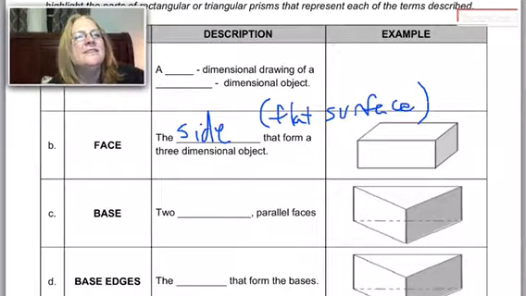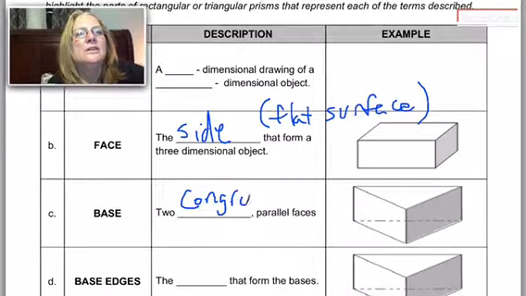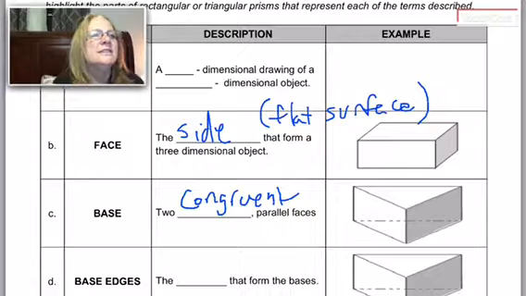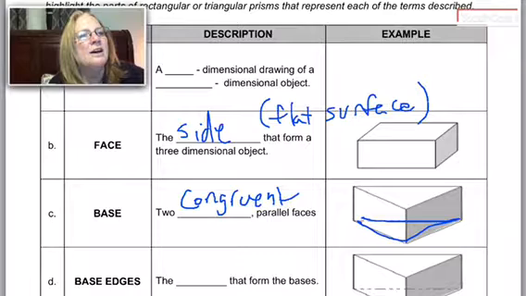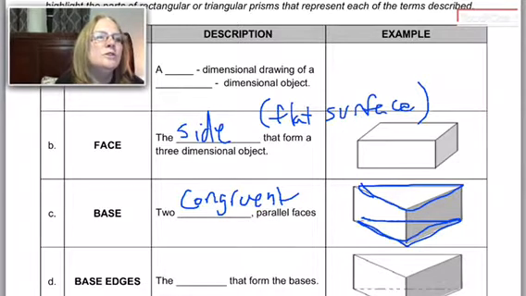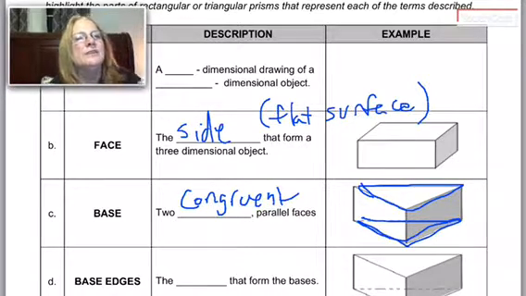The bases are going to be two congruent parallel faces. So in this picture here, the bases are these triangles. This triangle on the bottom and this triangle on the top. Those are our two congruent parallel faces, and then the sides are the rectangles.